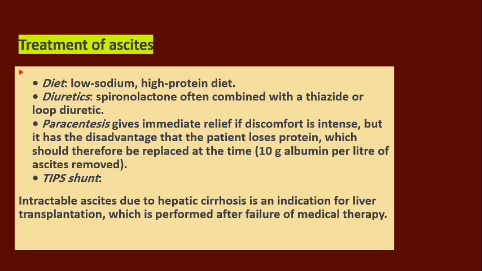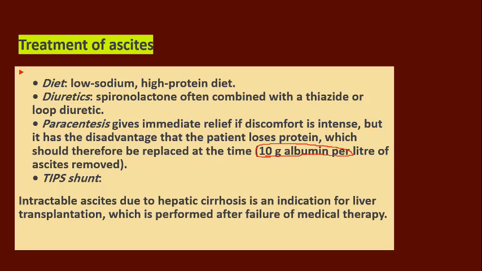Paracentesis gives immediate relief if the discomfort is intense, but it has the disadvantage that the patient loses protein, and this should be replaced at the time of aspiration by 10 grams of albumin per liter of ascites removed.